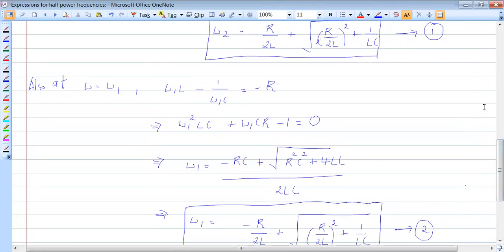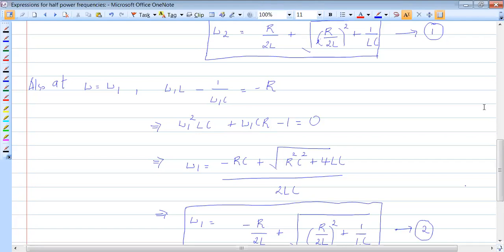The second term is the same: square root of R by 2L squared plus 1 by LC. The first term is also the same, but it is positive in omega 2 and negative in omega 1. Just that. So these are the half power frequencies that we have obtained in terms of omega 2 and omega 1.